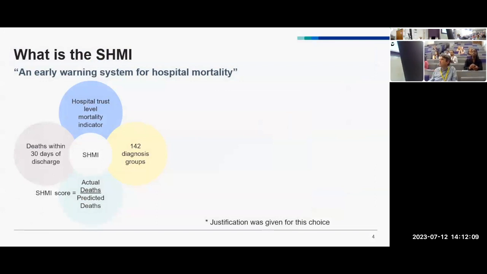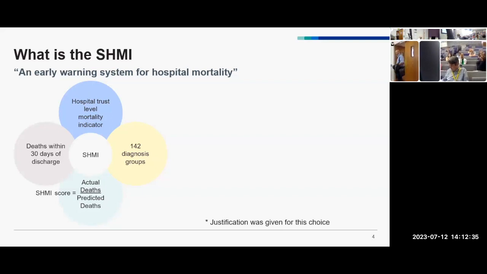Well, first of all, let's step back a little. Mortality is probably the most important outcome in hospital, I would say, and it's often used as a benchmark for hospital performance. The Summary Hospital-level Mortality Indicator, or SHMI, is one way of measuring this.